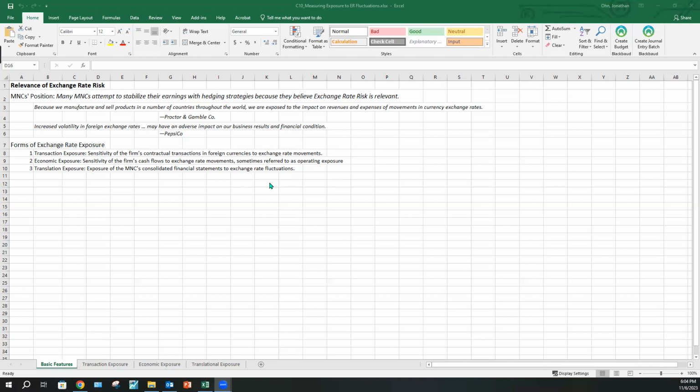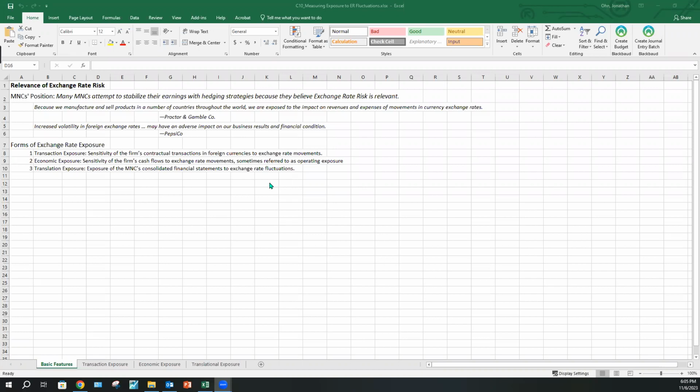Now, Andrew, can you go over this? First, many MNCs attempt to stabilize their earnings with hedging strategies because they believe exchange rate risk is relevant. Because we manufacture and sell products in a number of countries throughout the world, we are exposed to the impact on revenues and expenses of movements in currency exchange rates.